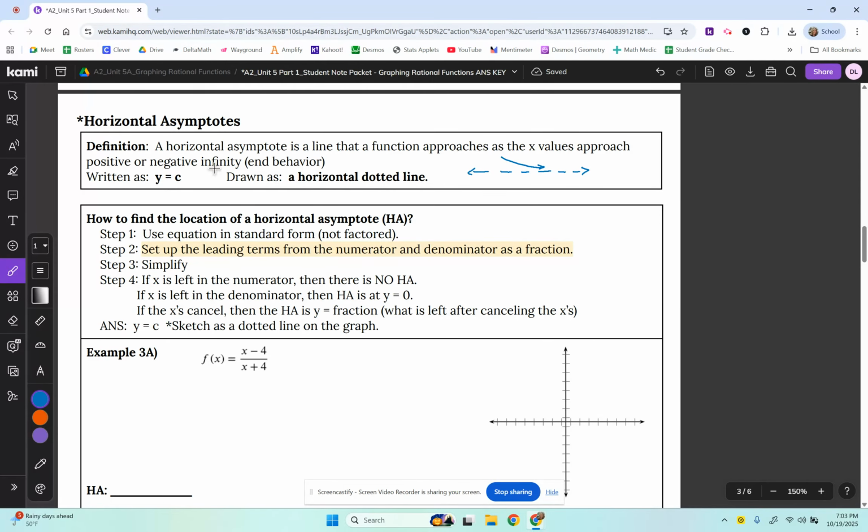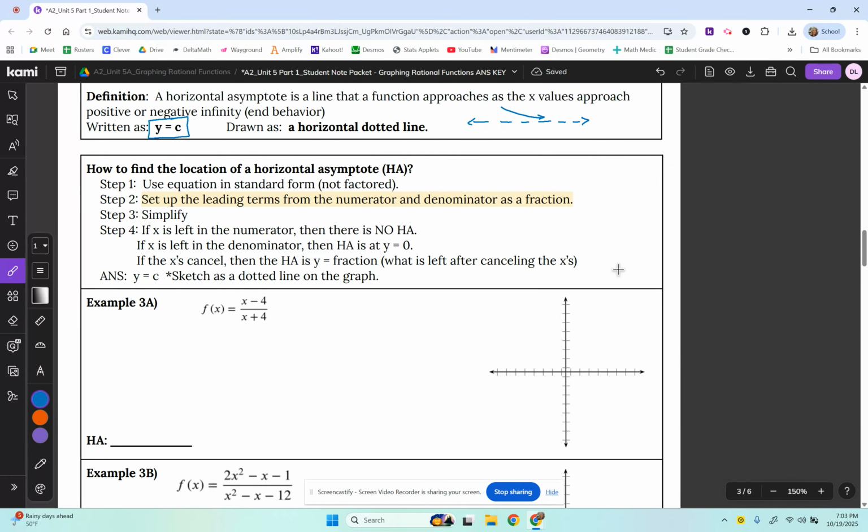Okay. Thinking end behavior again. These are going to be written as y equals our value. Since it's a horizontal line, we need it to cross the y-axis. The way to find these is to look at the leading terms from the numerator and the denominator.